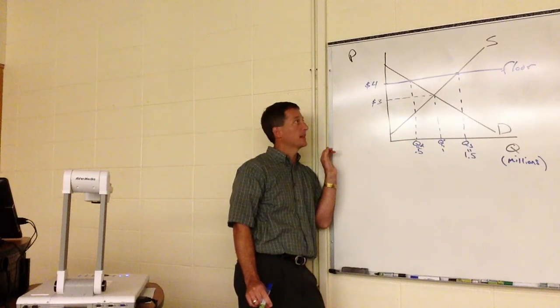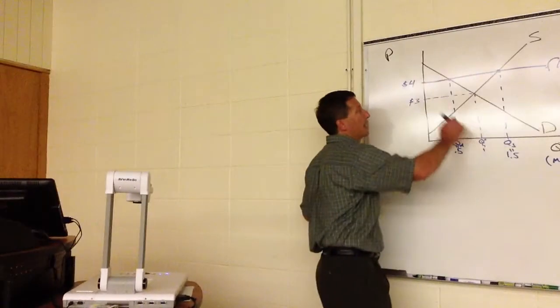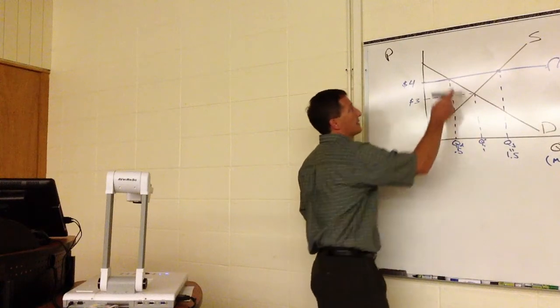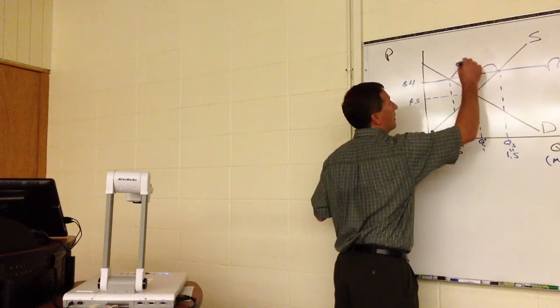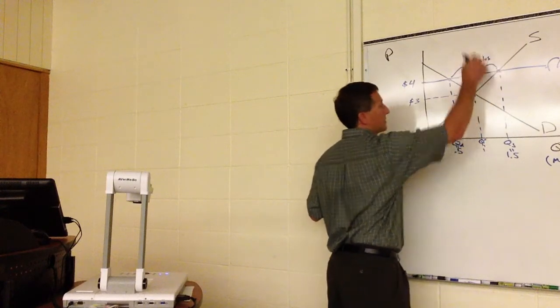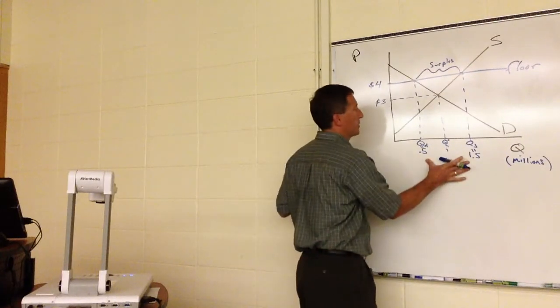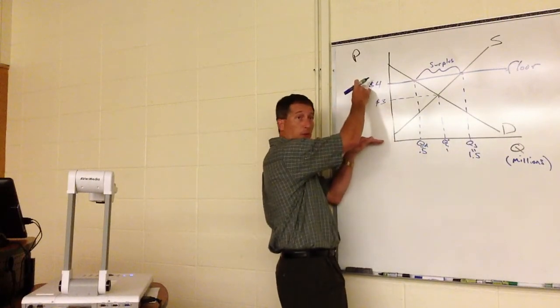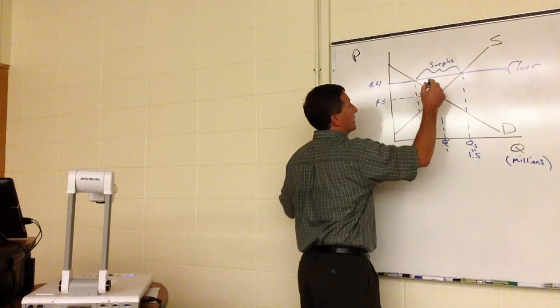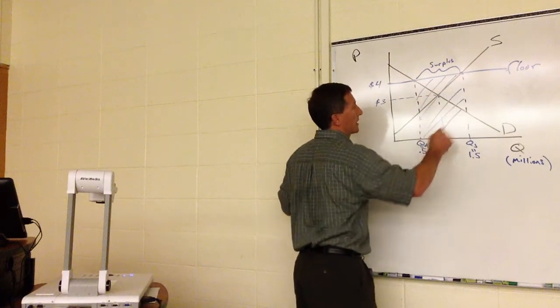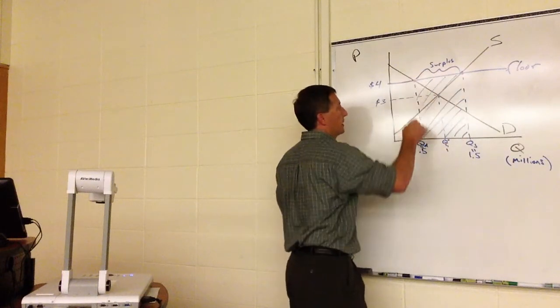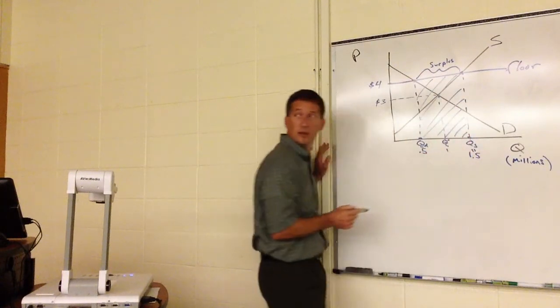What are the cattle ranchers expecting? 4. So how much is the government spending? 4 million. So government spending on this program is they have to buy all of the surplus, all 1 million pounds of beef, at $4. So this area here, this rectangle, ends up being the amount of government spending on the program.